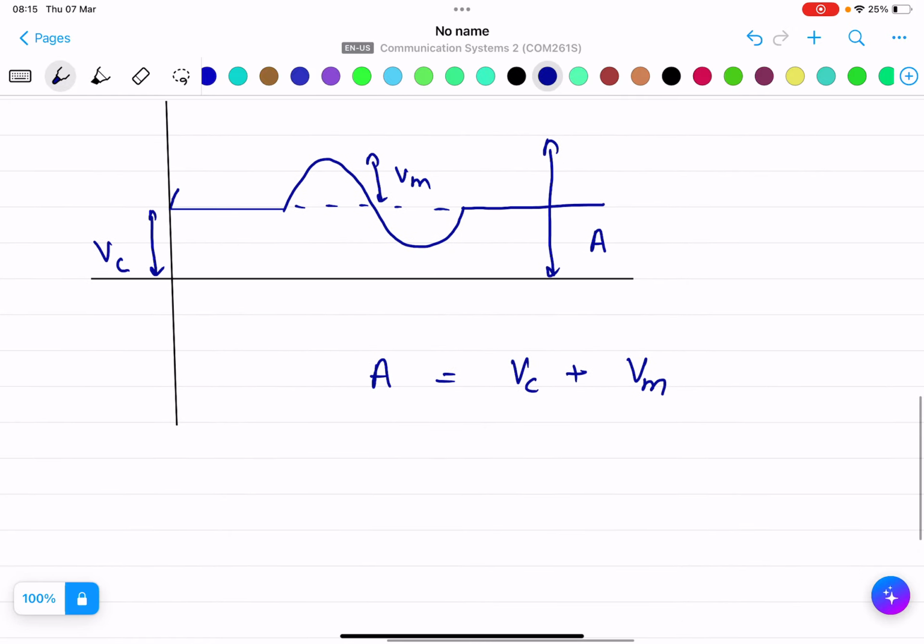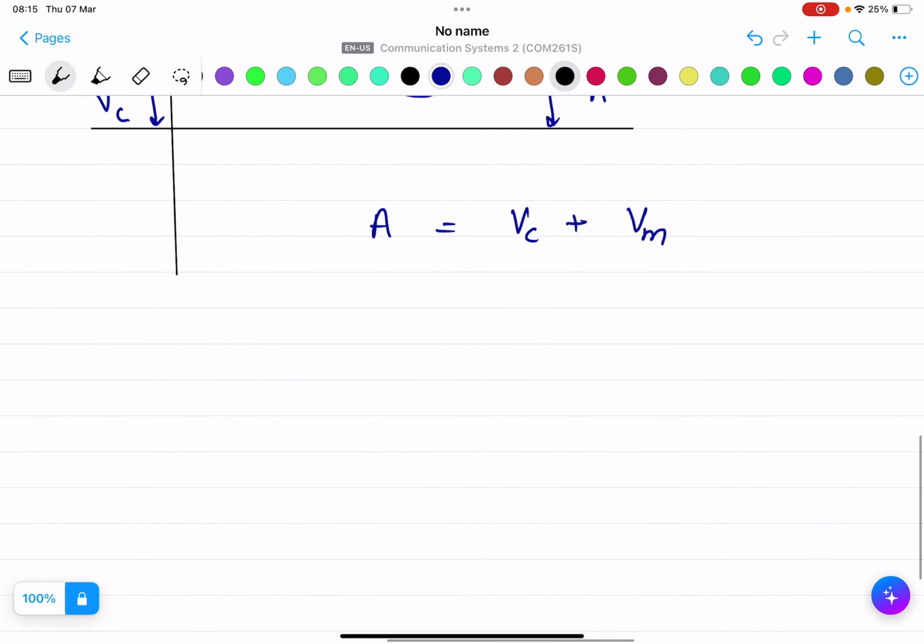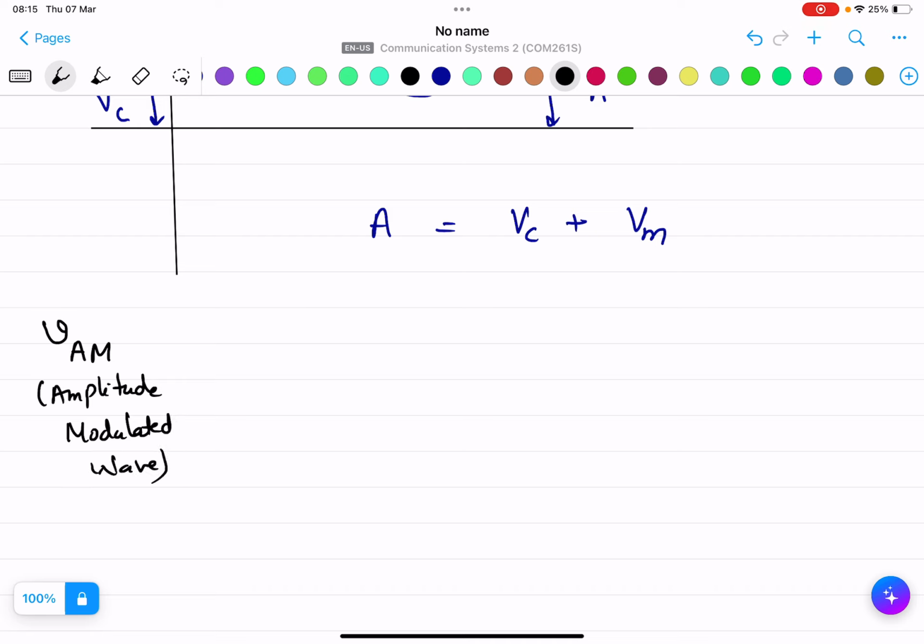Now if we need to write the expression for the modulated wave, we denote it Vam. Why? Because it is the amplitude modulated wave. So we denote it with Vam, and what we can write is Vc plus Vm sine omega mt, and here sine omega ct.